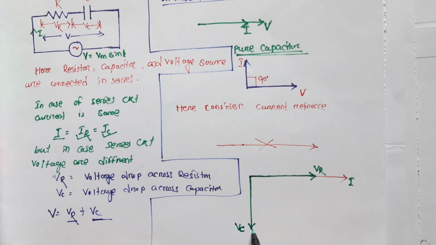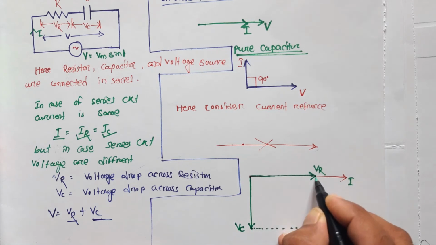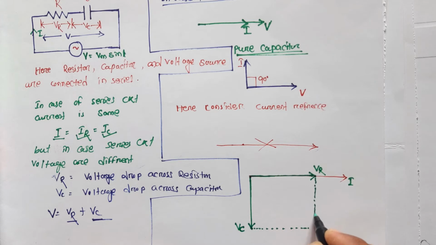For finding the total voltage across the resistor and capacitor, we need the perpendicular. This is VC also.